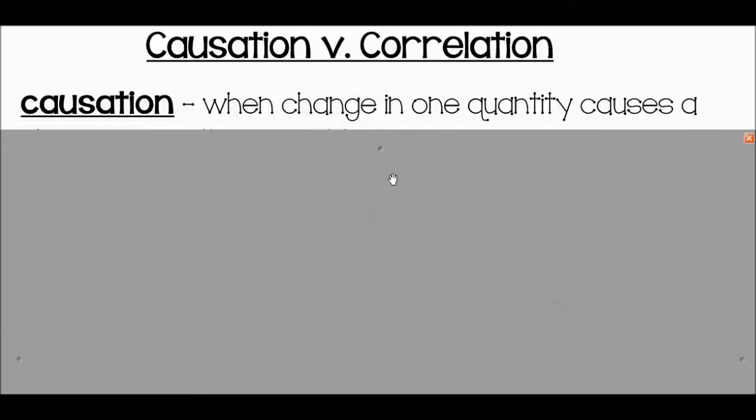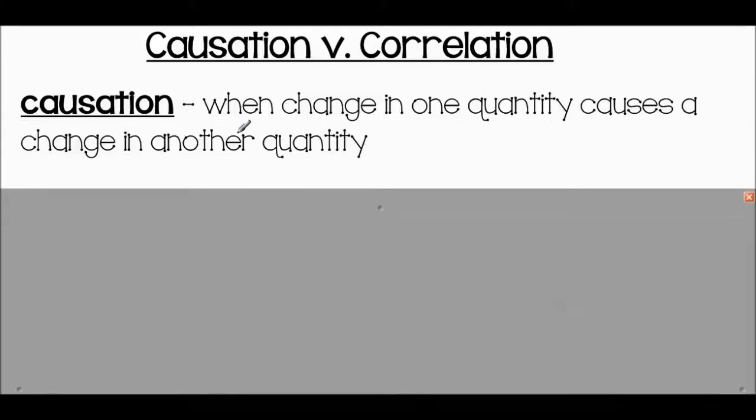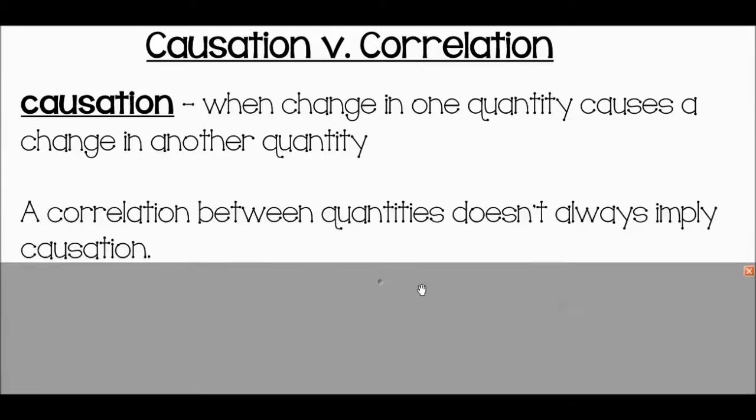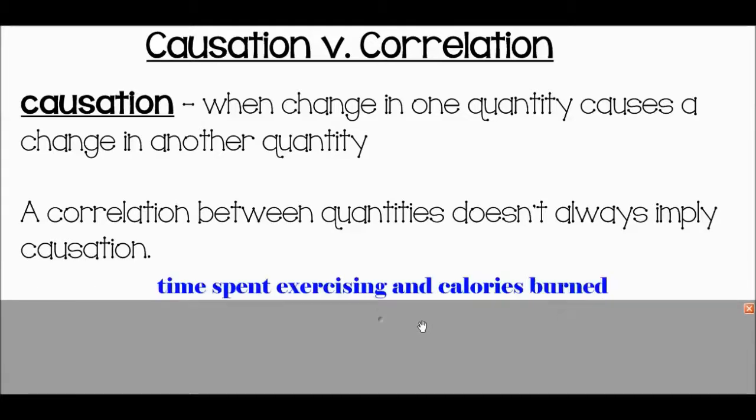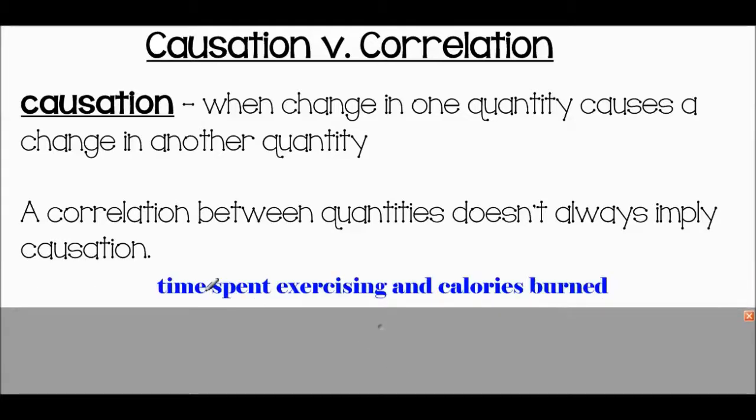Another thing I want you to be aware of is causation versus correlation. There could be a relationship between two sets of data, but not necessarily caused by one or the other. Causation is when a change in one quantity causes change in the other quantity. So correlation between quantities doesn't necessarily imply causation. So let's look at this situation. Time spent exercising and calories burned.